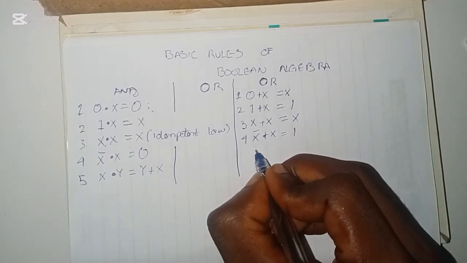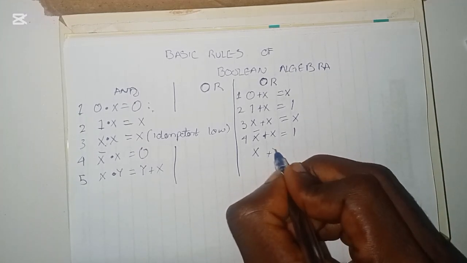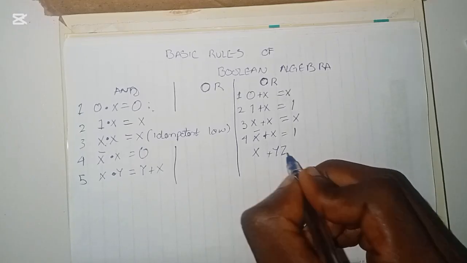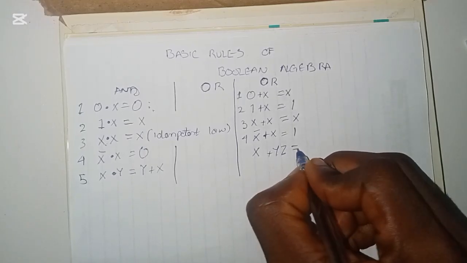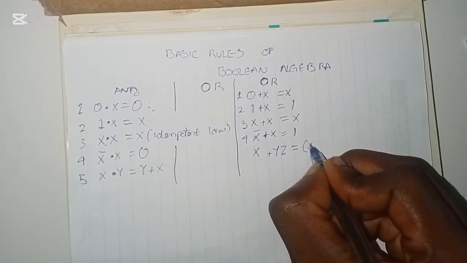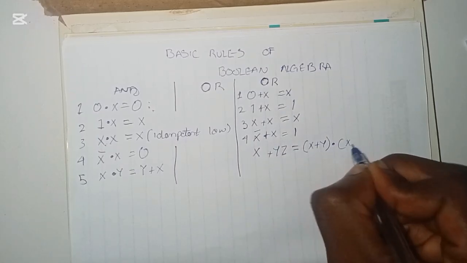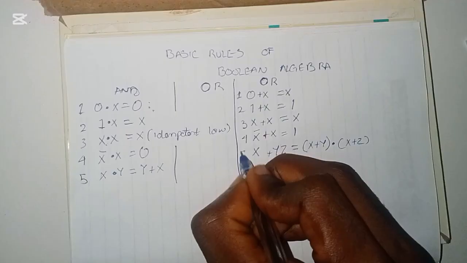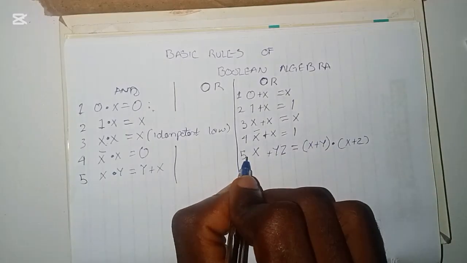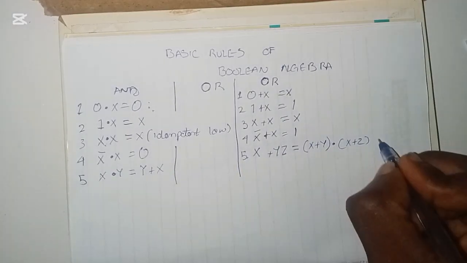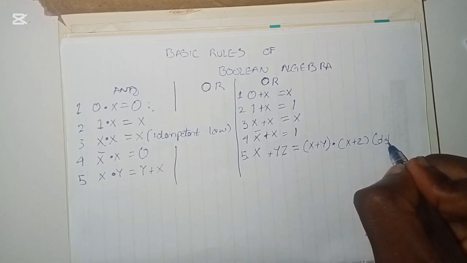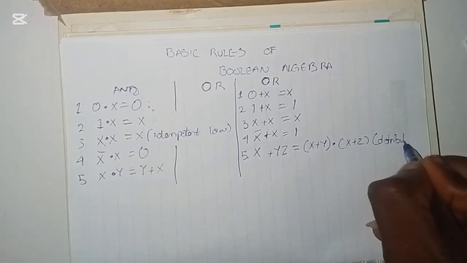The fifth one is x plus yz is equal to x plus y, and x plus z. This one is the distributive law.